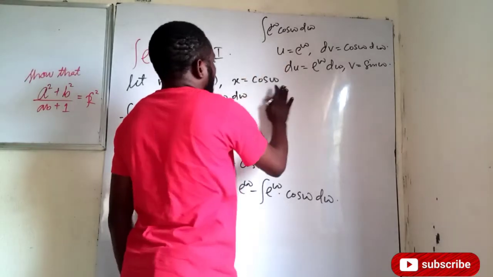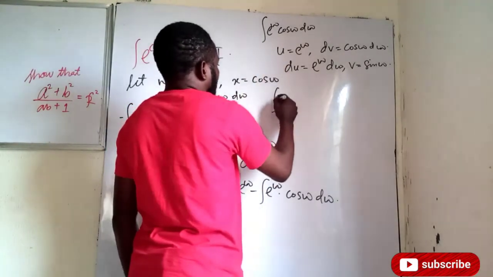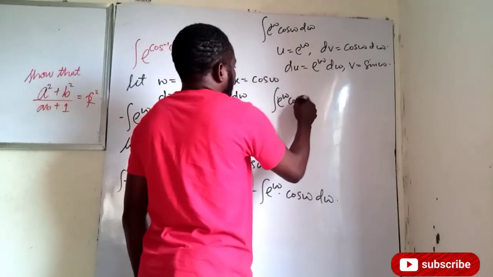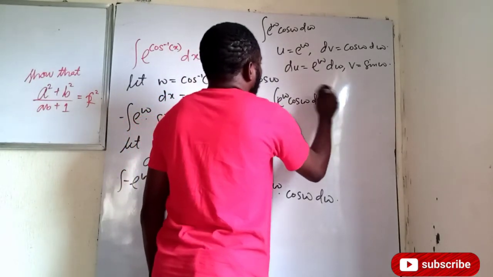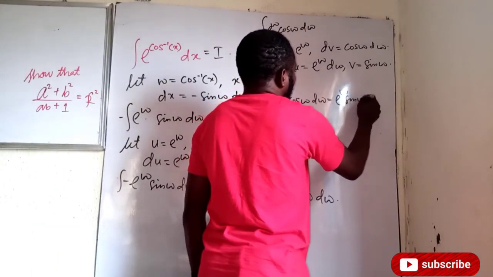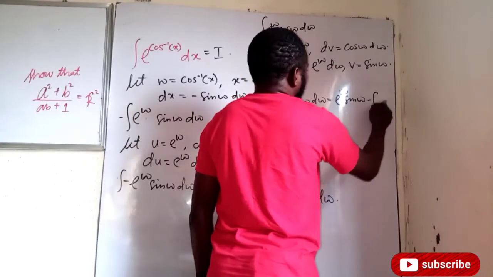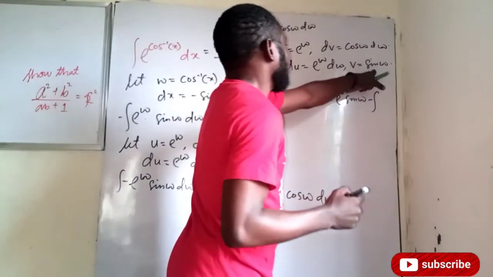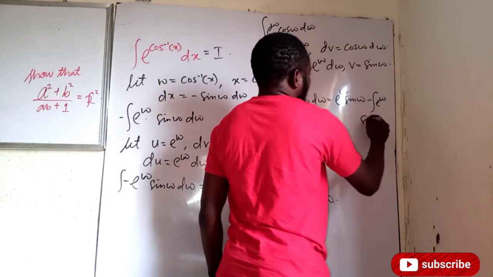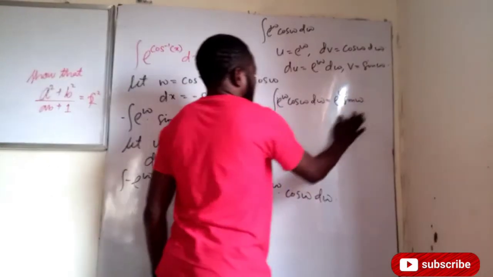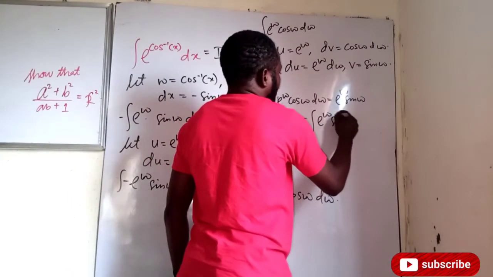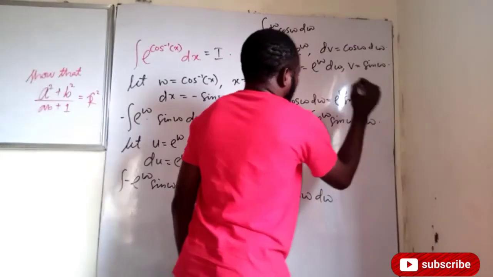So the integral of e to power of w cosine of w dw is going to become e to power of w sine of w, minus the integral of this and this, and that is going to be e to power of w sine of w dw. Let me write this here because of space.